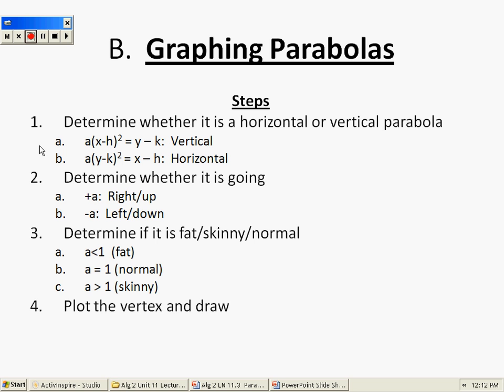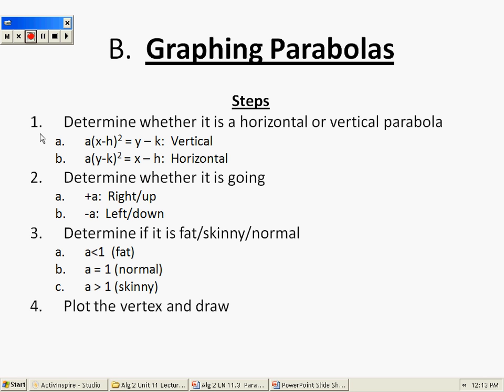We also have to look at the a. If the a is positive, it'll be going up if it's vertical, or it'll be going to the right if it is horizontal. On the other hand, if it's negative, that means our parabola would be opening up to the left if it's a horizontal, or down if it's a vertical. So you have to look at two things, whether it's horizontal or vertical, and then from there specifically which direction is it going in.